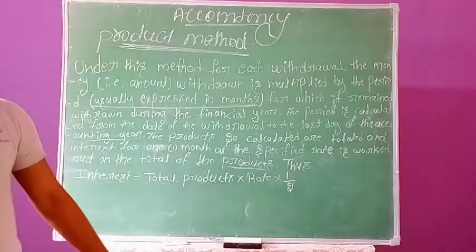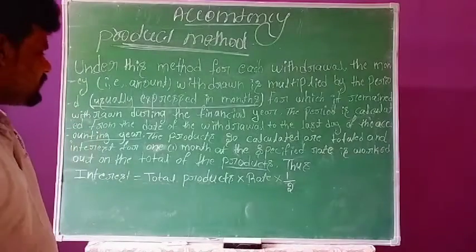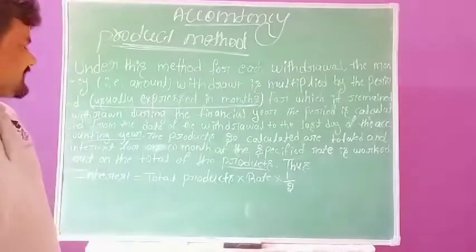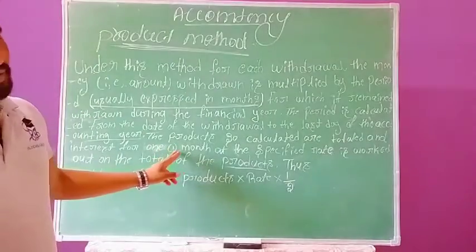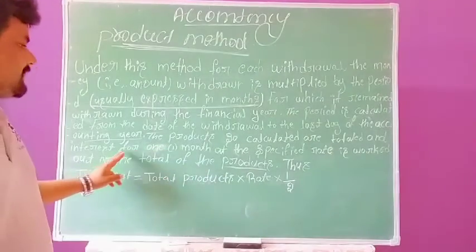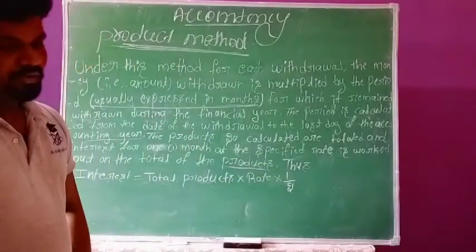The products are totaled, and interest for 1 month is worked out on the total product at the specified rate.